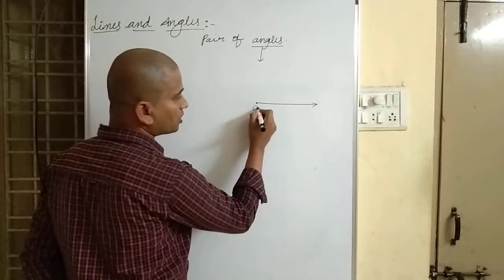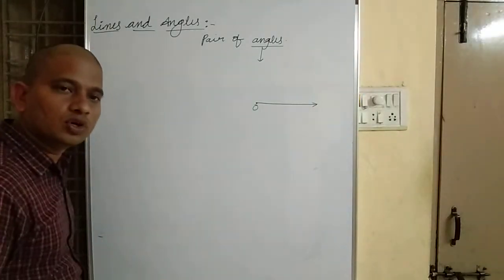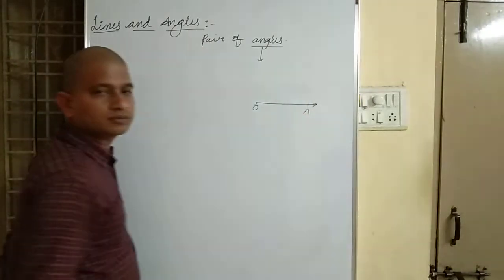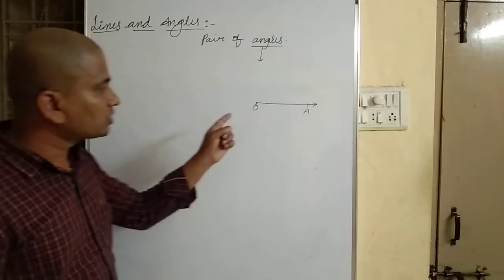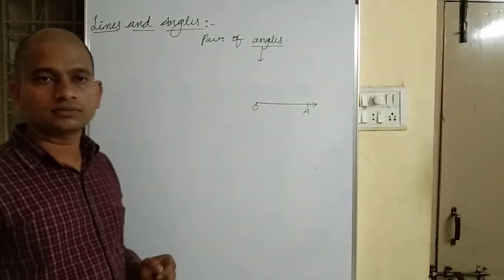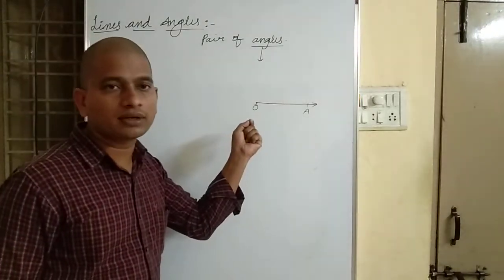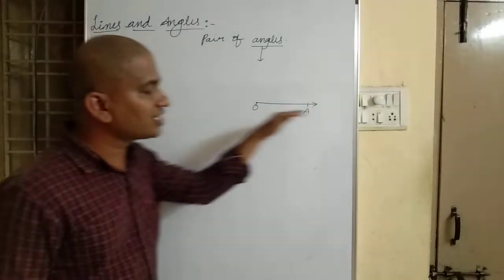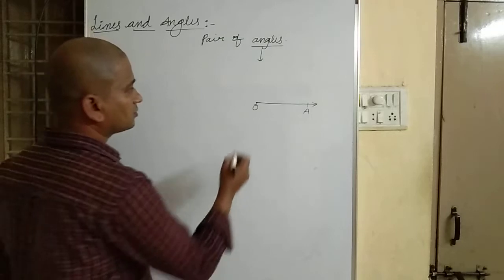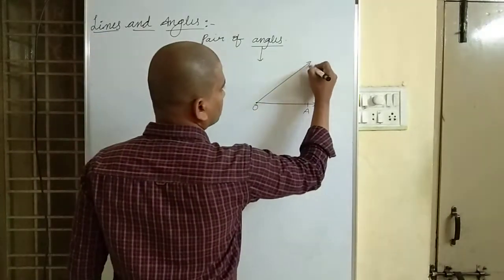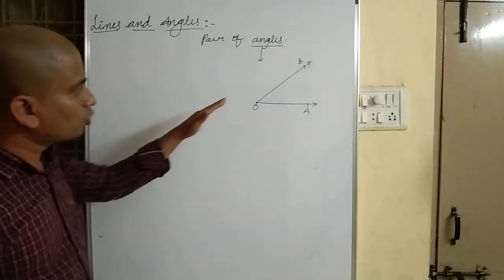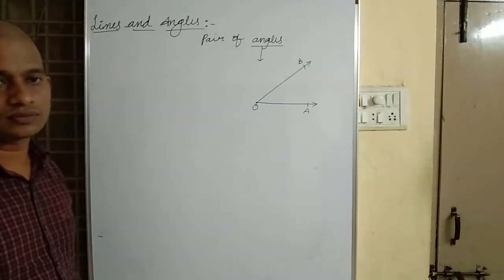Suppose this is the point O and this is the ray OA. It has only one end point, only a starting point. It does not have any end point. OA is a ray. The second ray is OB. OB is also a ray.